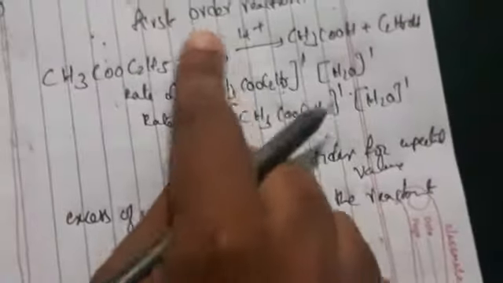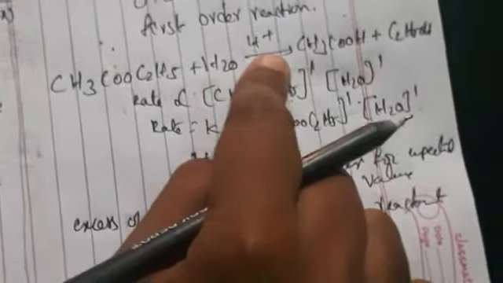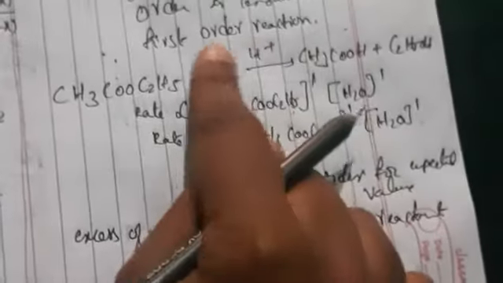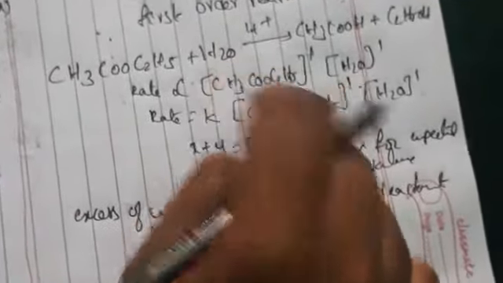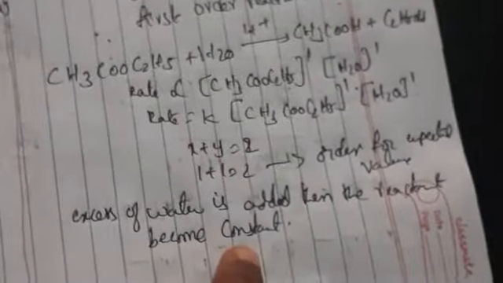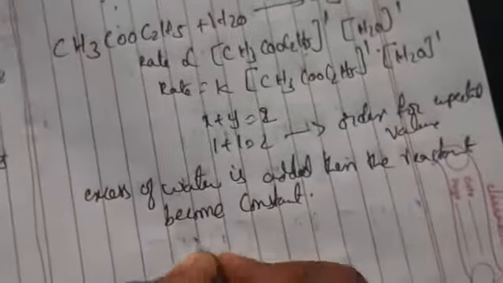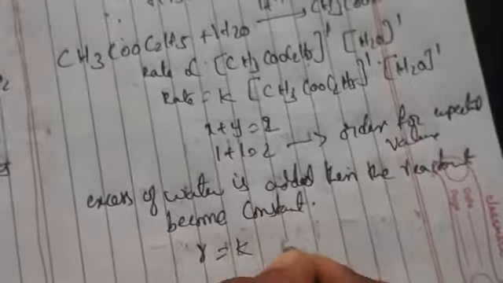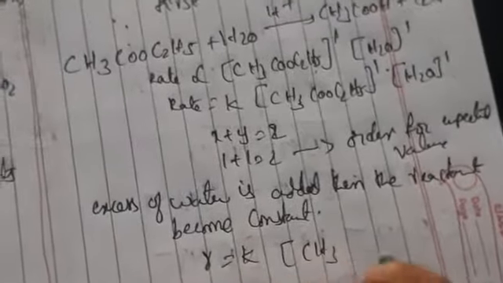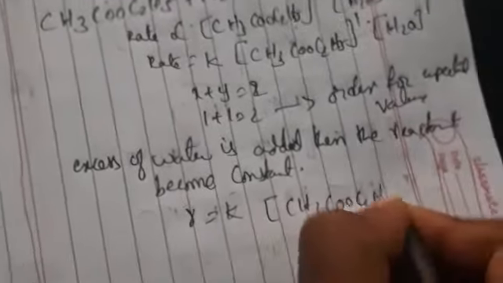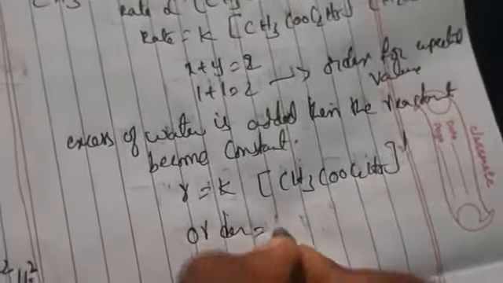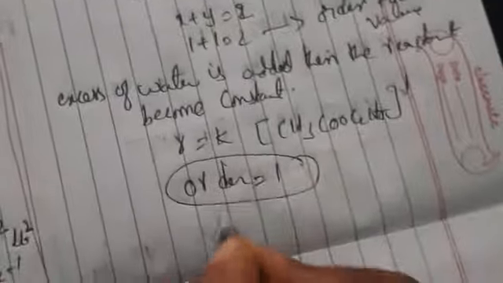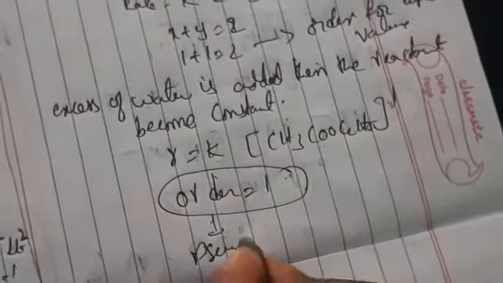Suppose if excess of any reactant, not only water, is added, automatically that reactant concentration becomes constant. So that's why rate equals k into [CH3COOC2H5] to the power 1. So then order you will be getting 1. So this is nothing but the pseudo first order reaction.